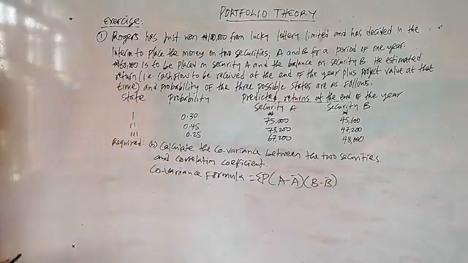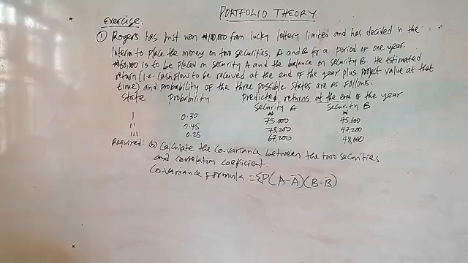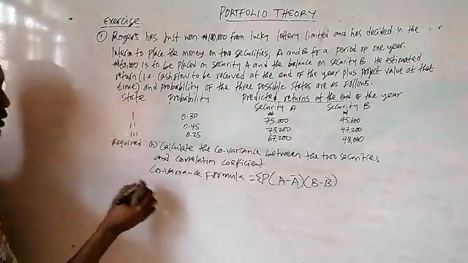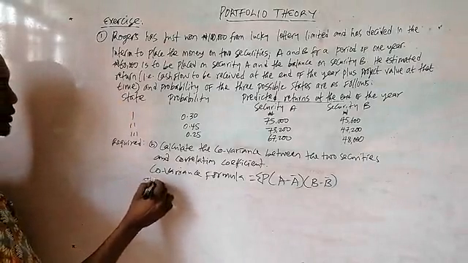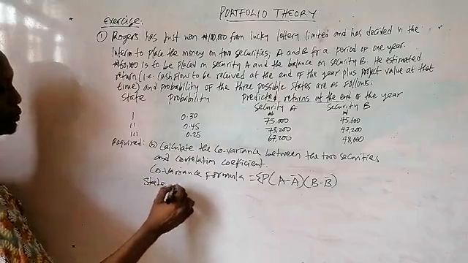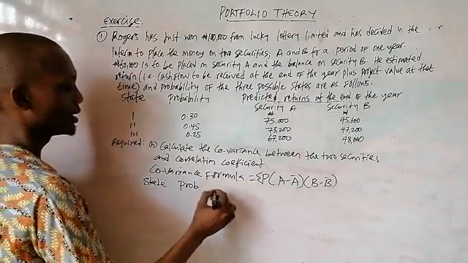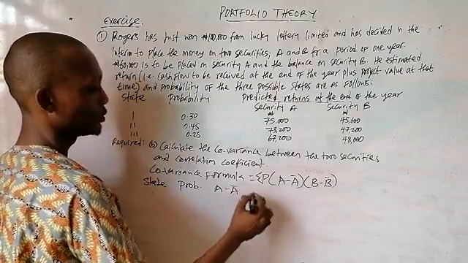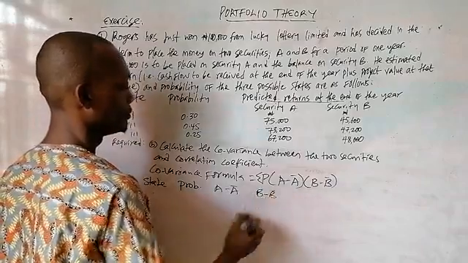So let's now bring down those computations. Just flash back and see. For covariance, we still have to list the states and the probability. We need A minus A bar, and we also need B minus B bar.